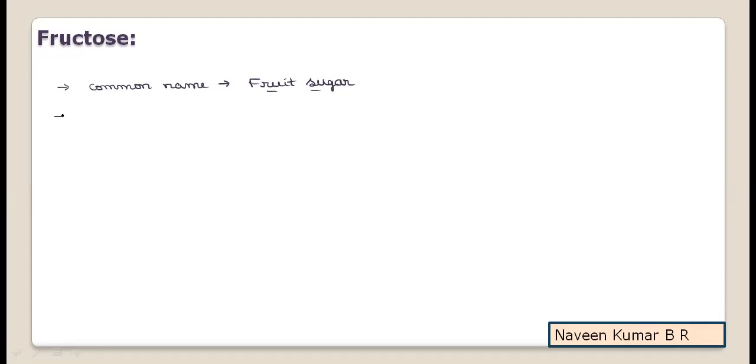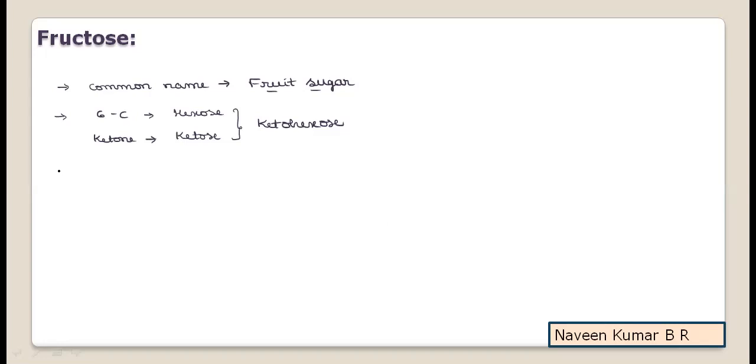If you consider the classification, it has 6 carbons in it, hence it is hexose. It has ketone as a functional group, hence it is ketose. By considering both, it is classified as ketohexose.